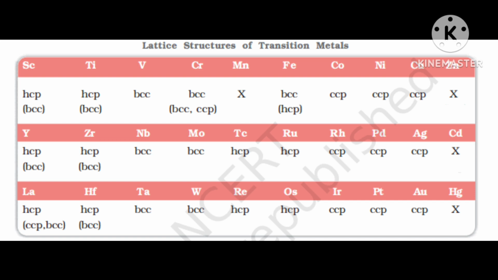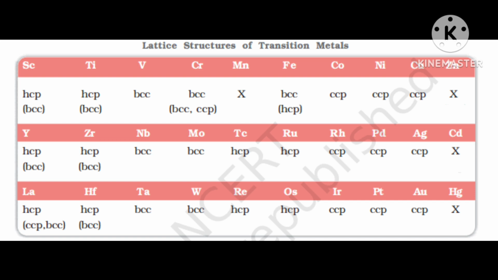Now another generalization about atomization that we can tell: the metals of the second and third series have greater enthalpies of atomization than the corresponding elements of the first series.